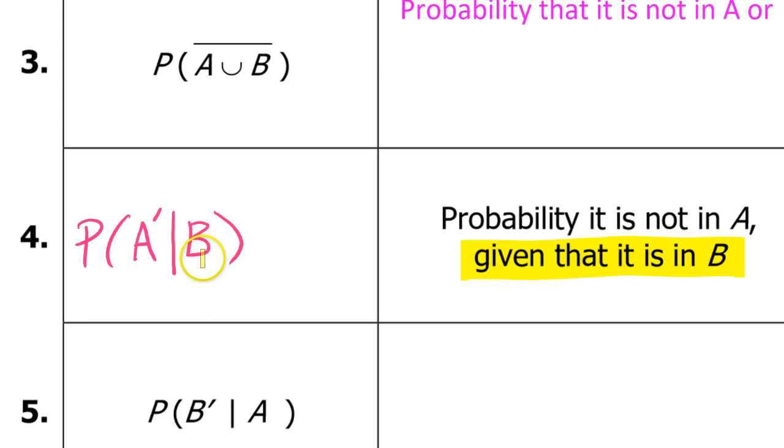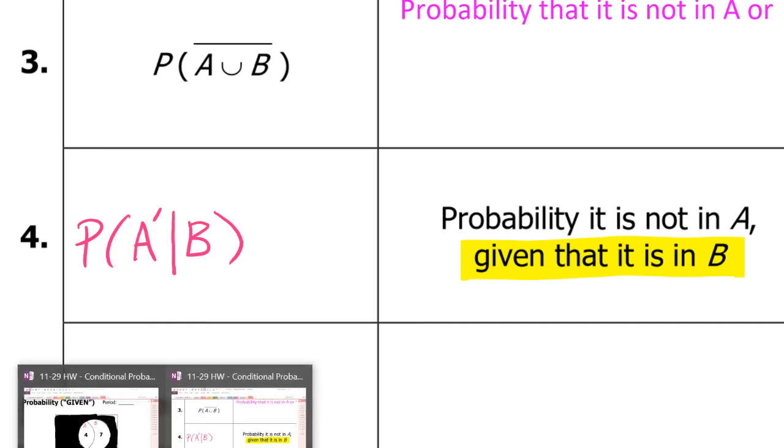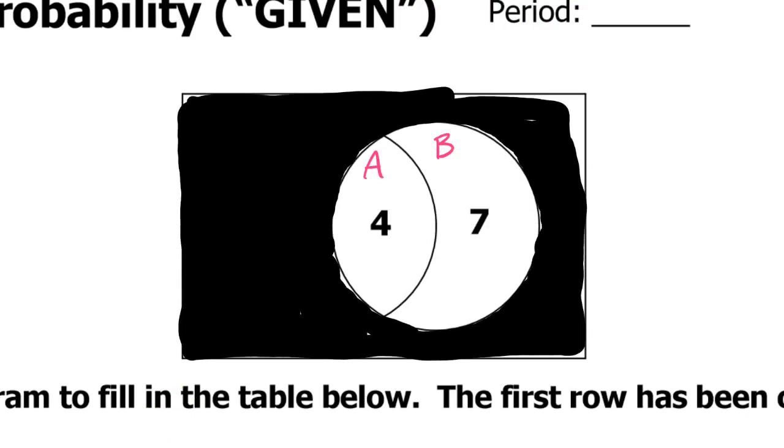So we're given that it is in B, but we now want to calculate the probability of not A. Okay, let's write that down. So we're trying to find now the probability of not A since we're given B.